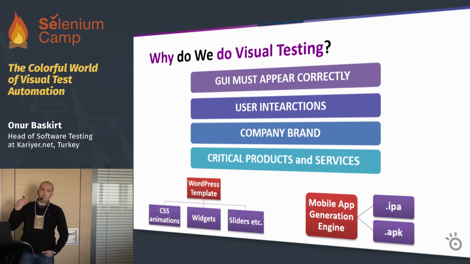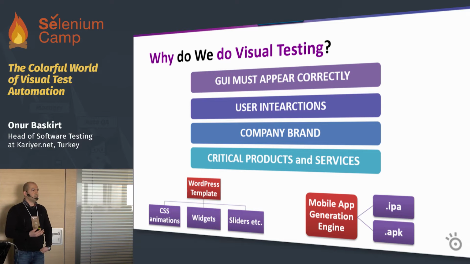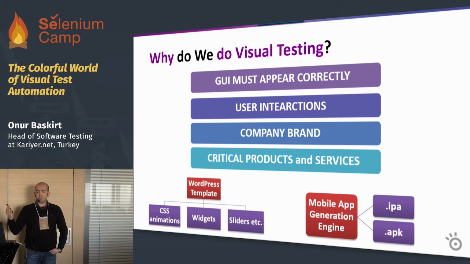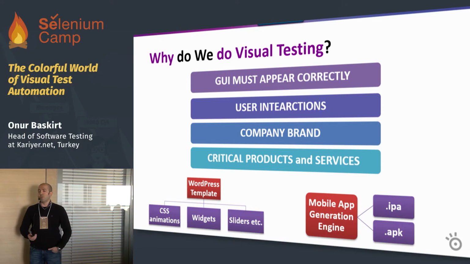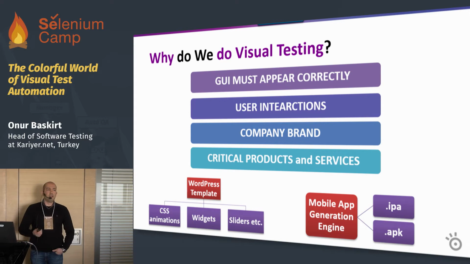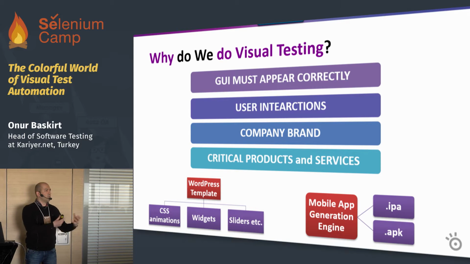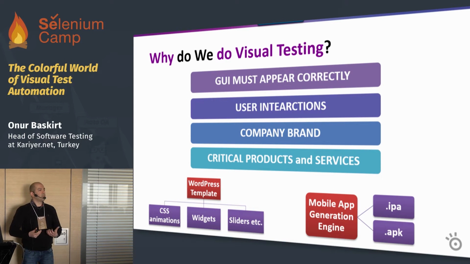And if you provide some critical services, such as a WordPress template or a mobile app generation engine, your customers are using the core engine and build their product based on your core product.